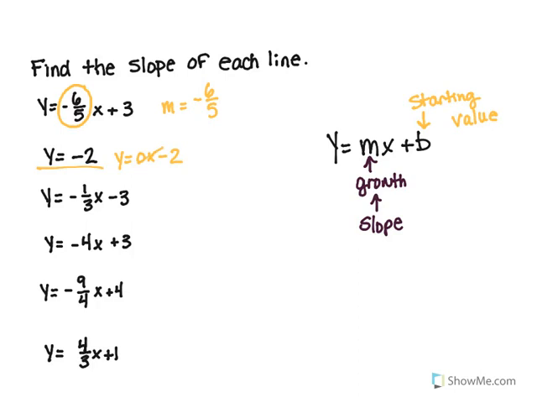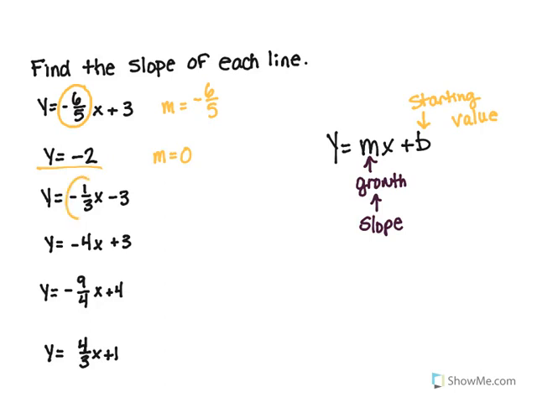So it'd be y equals -2. So that means that m equals 0. Not undefined. Make sure you don't put undefined. When you're identifying these in equations, you're not really going to have undefined, because if it's undefined, you're going to have x equals something instead of y equals something.